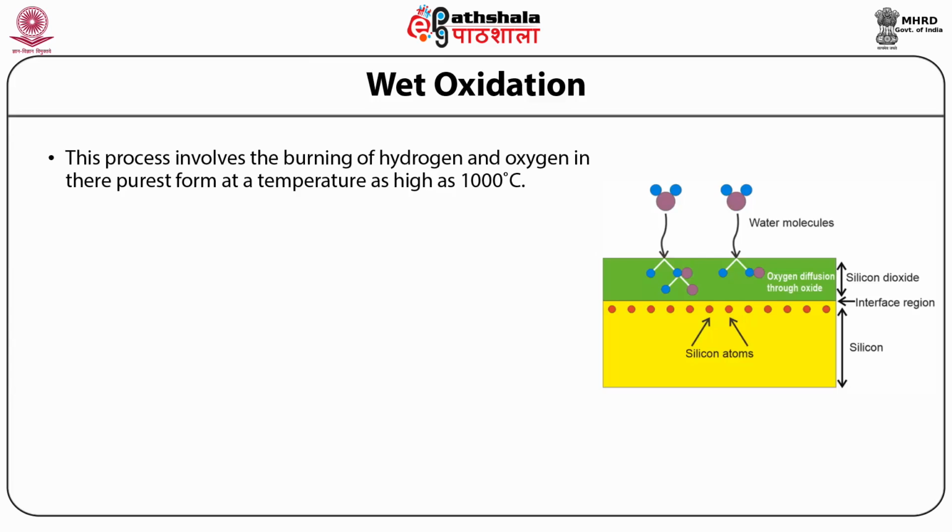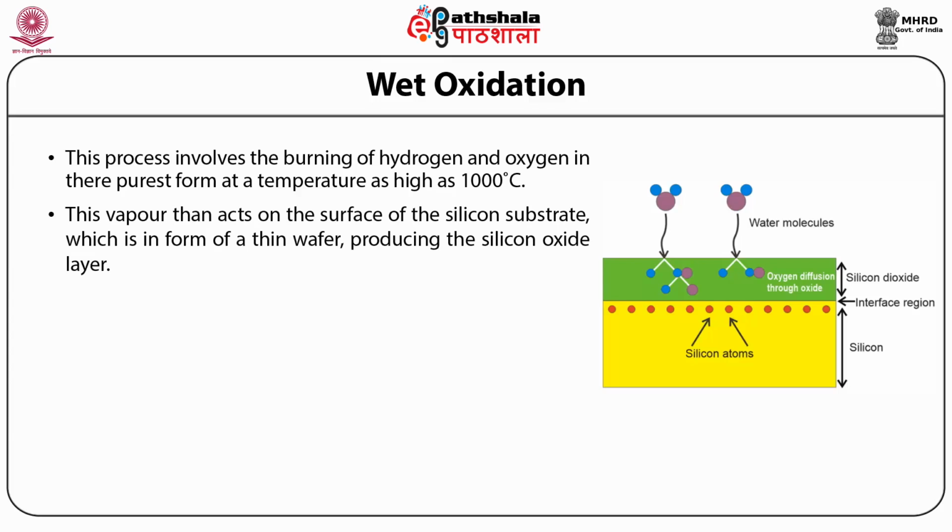This reaction leads to the production of a water vapor rich atmosphere in the oxidation furnace. This vapor then acts on the surface of the silicon substrate, which is in the form of a thin wafer, producing the silicon oxide layer as shown in this figure.